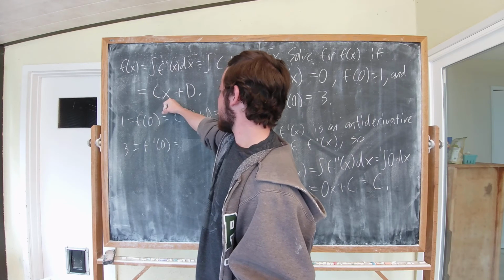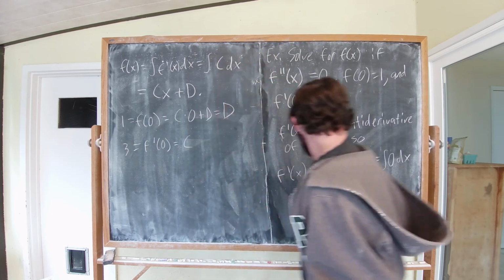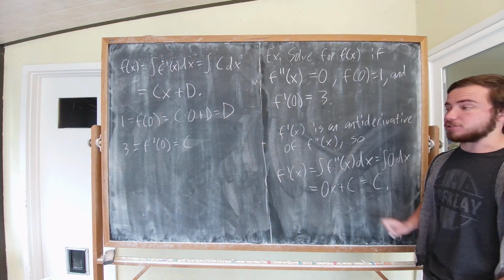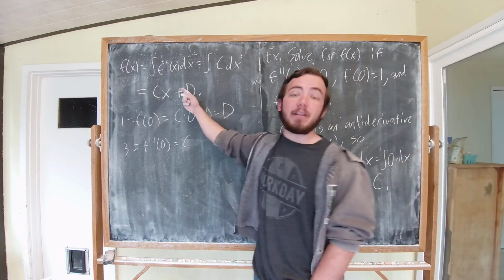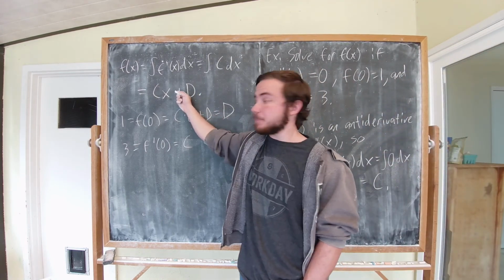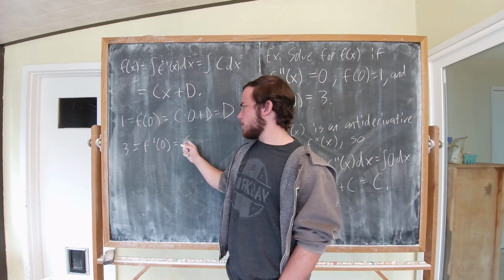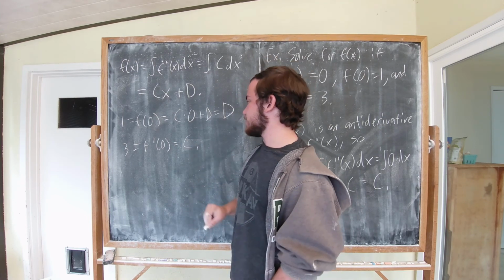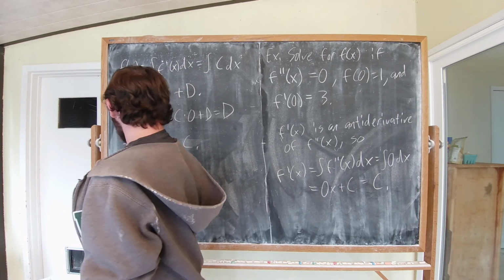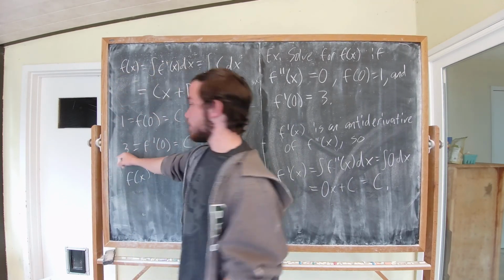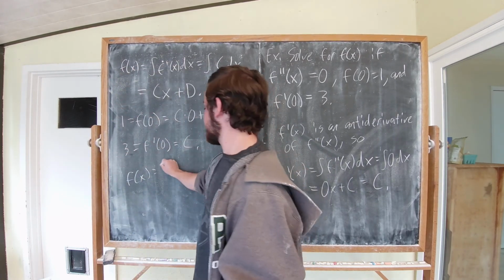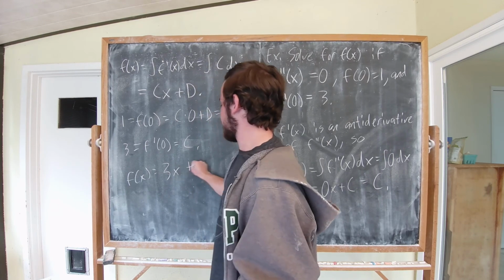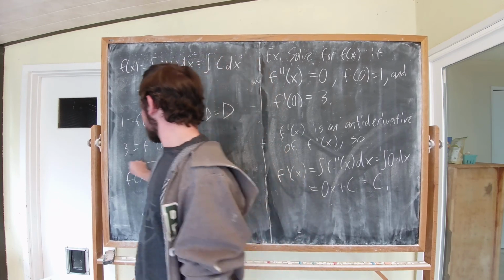F prime is just going to be c. We solved for that right here, actually. But you could just take the derivative here, and that will give you back f prime. F prime of 0 is 3, and that's c. So now we have c and d, which tells us f of x has to be 3x plus 1.